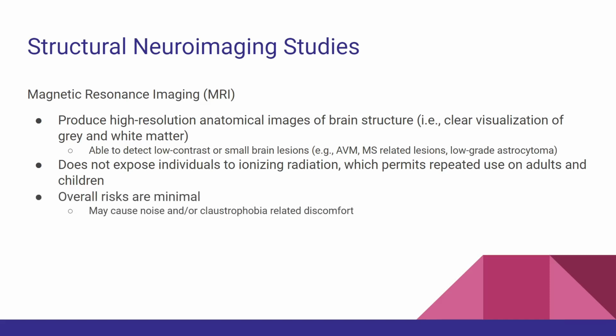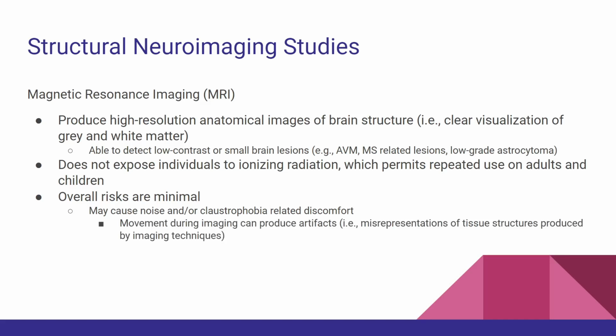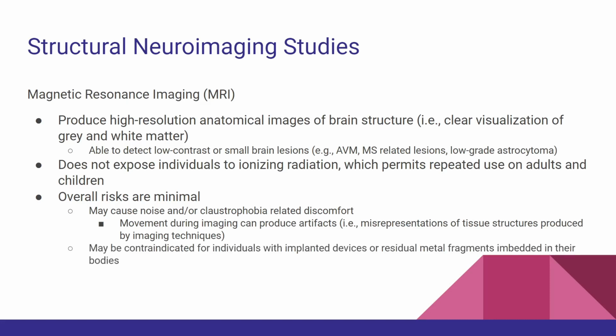Overall, there's minimal risks. There may be some noise and or claustrophobia-related discomfort entering into the magnetic field. And it should be noted that movement during imaging can produce various kinds of artifacts. Additionally, MRI may be contraindicated for individuals with implanted devices or residual metal fragments embedded in their bodies, but many devices nowadays are being developed to be MRI safe.